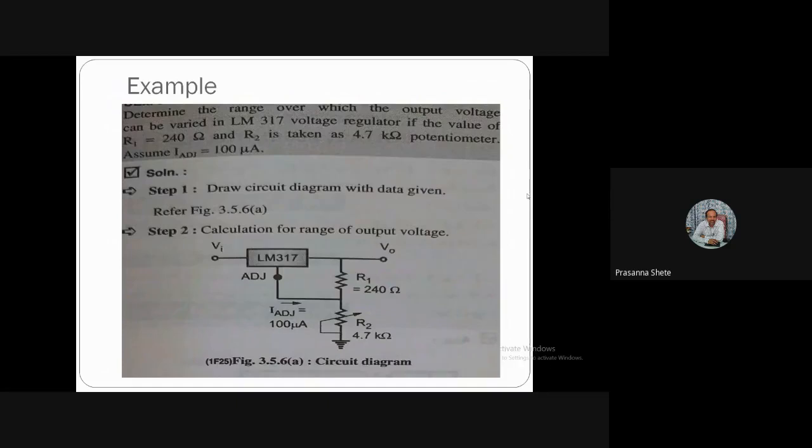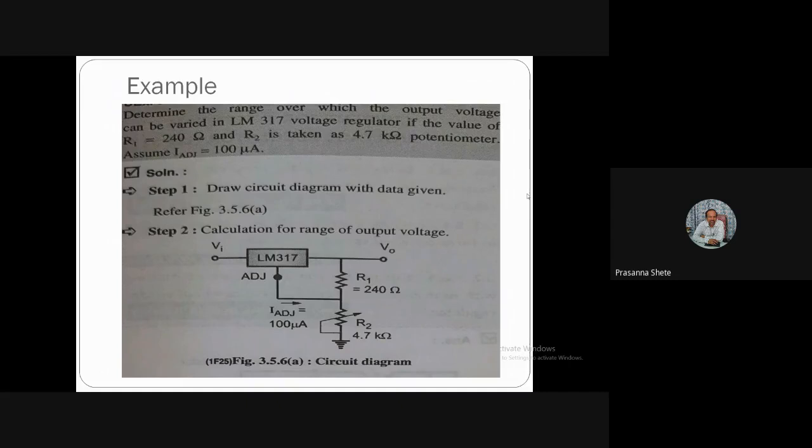Take down the example on the screen. Determine the range over which the output voltage can be varied in the LM317 voltage regulator if the value of R1 is 240 ohms and R2 is taken as a 4.7 kilo ohm potentiometer. So we have a pot R2 of 4.7k, assuming the I adjustable current is 100 microamperes.